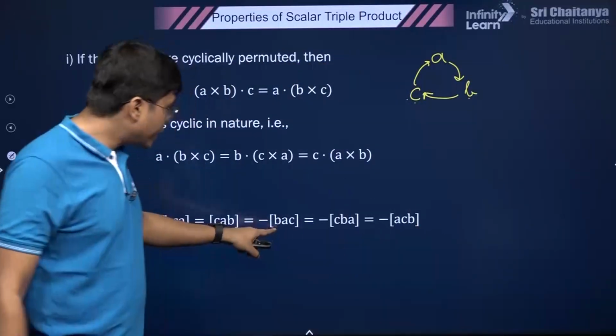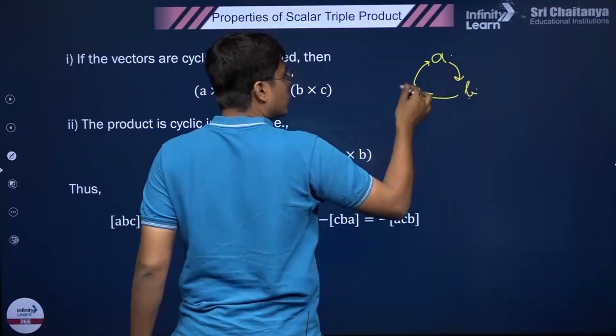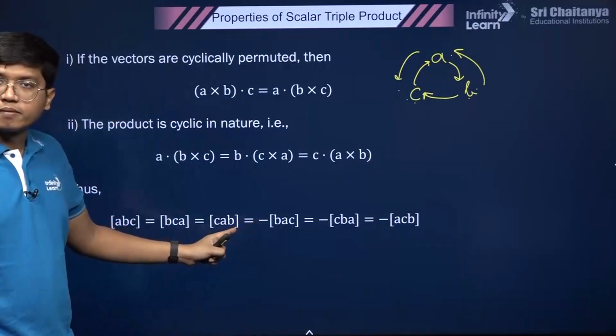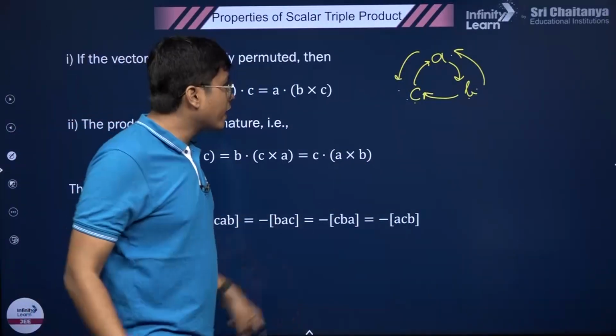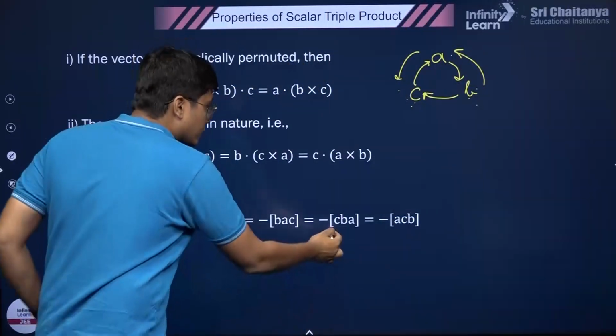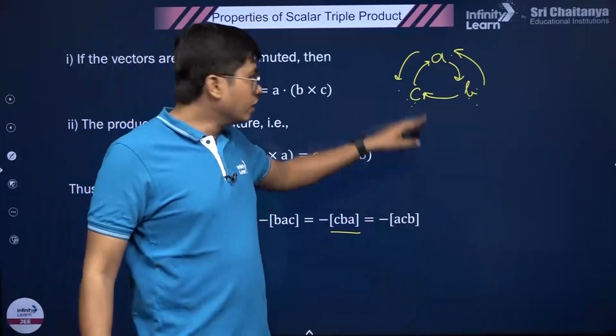But as soon as I make it bac, then to go from b to a to c, you're moving in the opposite direction. That is why it will come with a negative sign. Similarly, cba, you're going from c to b to a, you're moving in the opposite direction. That is why it's the negative of all of these. Similarly, when you go acb, moving opposite.